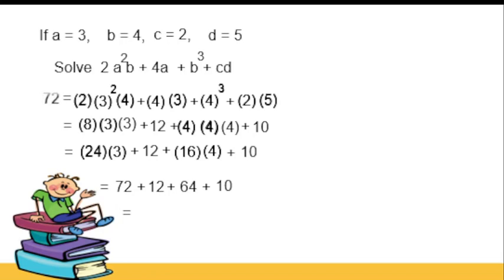So you have 72 plus 12 is 84, plus 64 and 10 is equals to 74, and then add 84 plus 74 is equals to 158. Okay? So again, the result is 158.